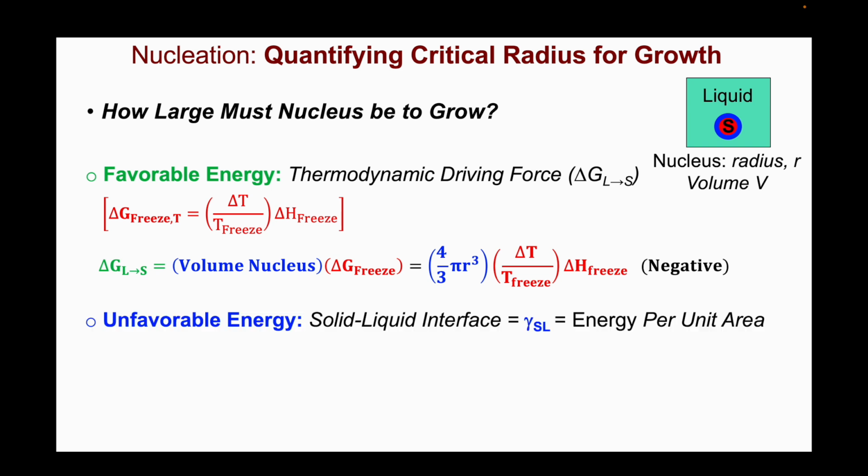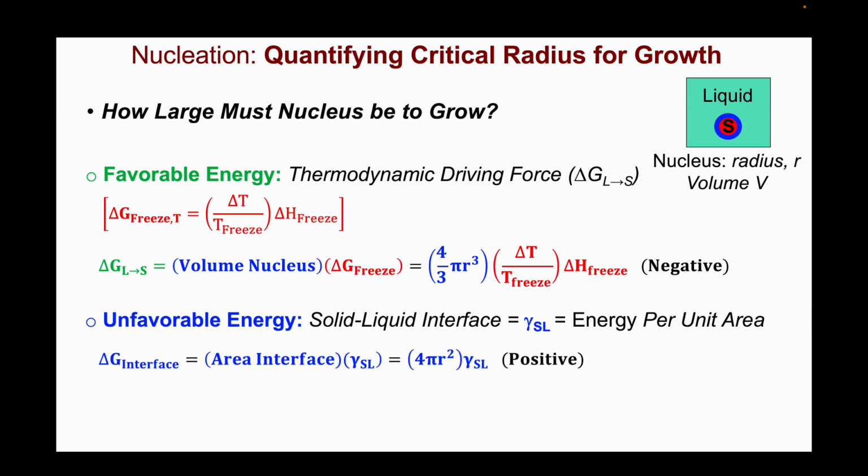The unfavourable energy is associated with the interface between the solid and the liquid, and that interface has a positive energy called gamma solid liquid, and this is the energy per unit area of the interface.